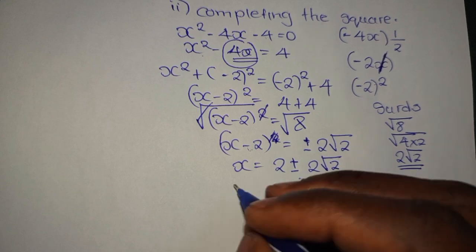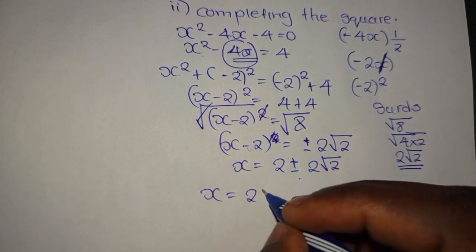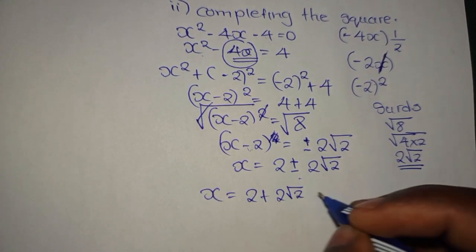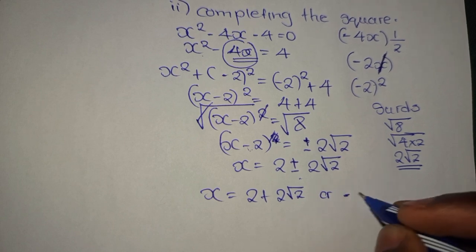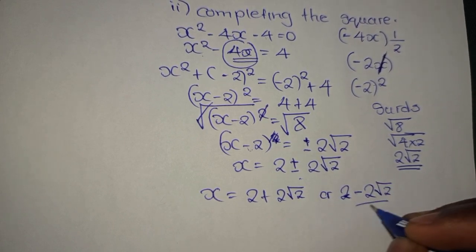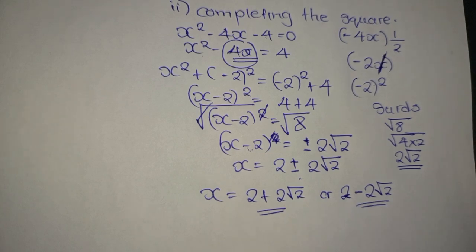Then from here we can just separate. So we have x is equal to 2 plus 2, the root of 2, or negative 2 minus 2, the root of 2. So this is how basically we solve an equation under quadratic equation using completing the square method.